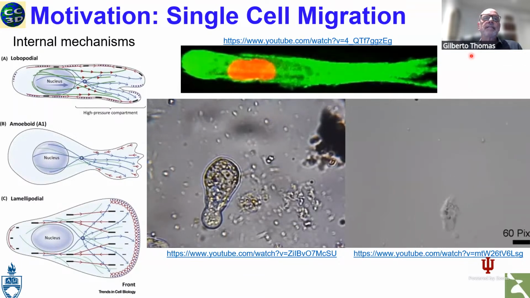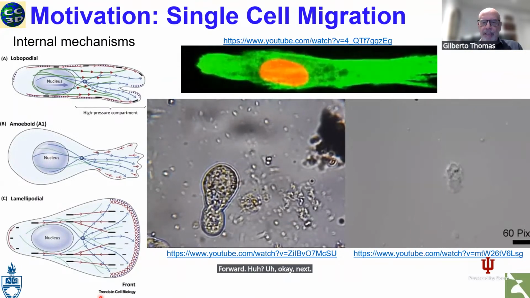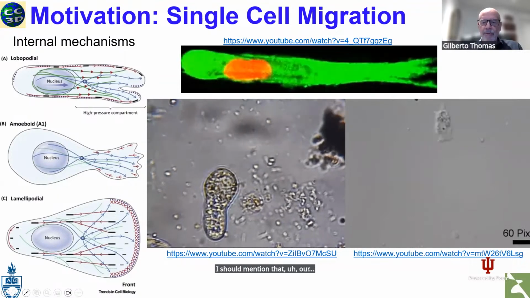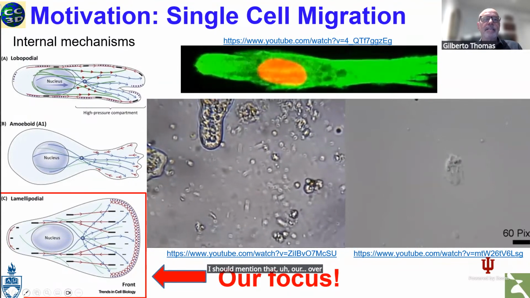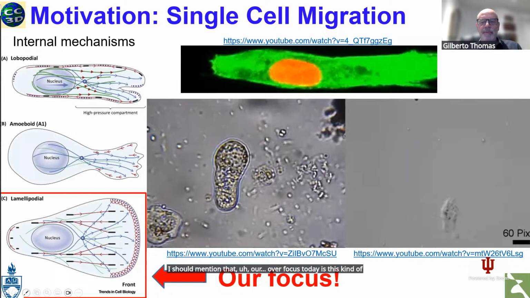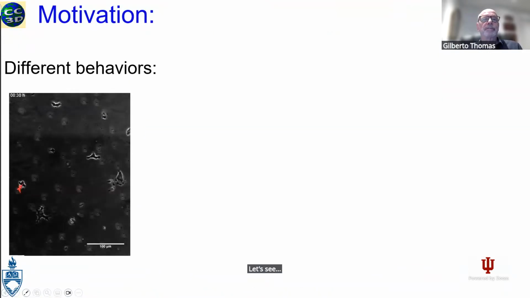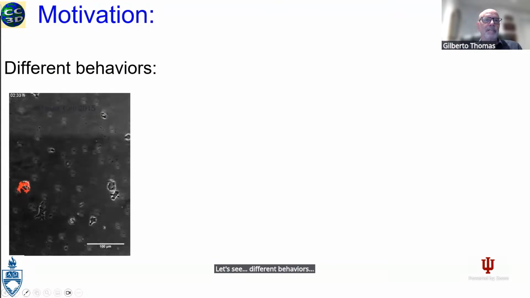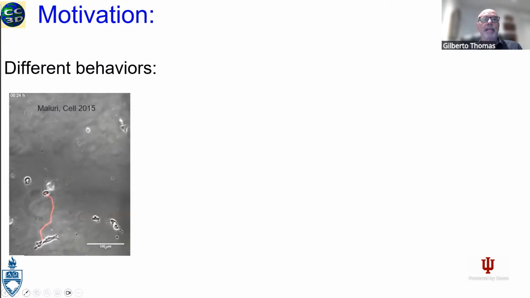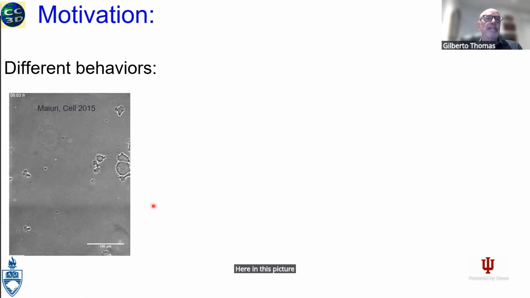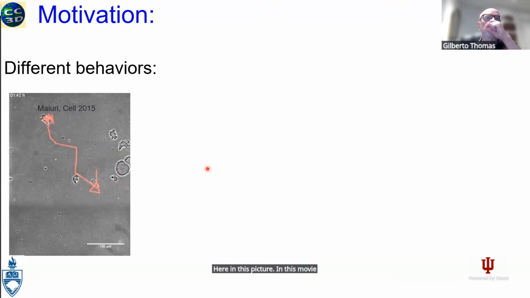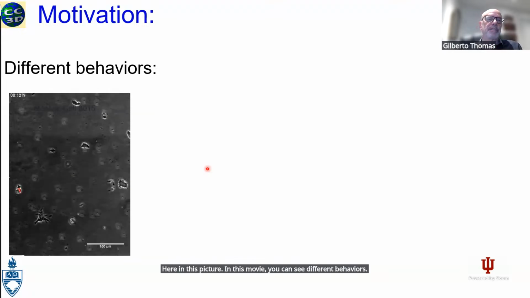Next, I should mention that our focus today is this kind of motion, the lamellipodial one. Let's see different behaviors among this lamellipodial movement. Here in this movie, you can see different behaviors for a cell to move. It's a very fast movie, so it's passing many times.